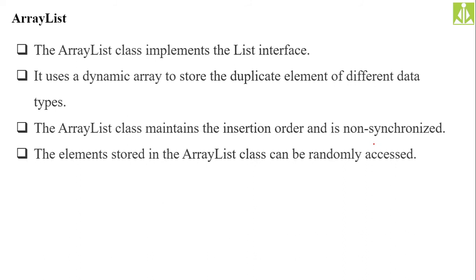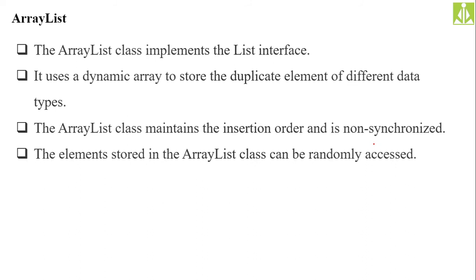Okay. So the ArrayList is a subclass of your List interface, or we can say the ArrayList class is implementing the List interface. It uses a dynamic array to store duplicate elements of different data types. An array is like a collection, but inside this collection we are going to have different data type elements.